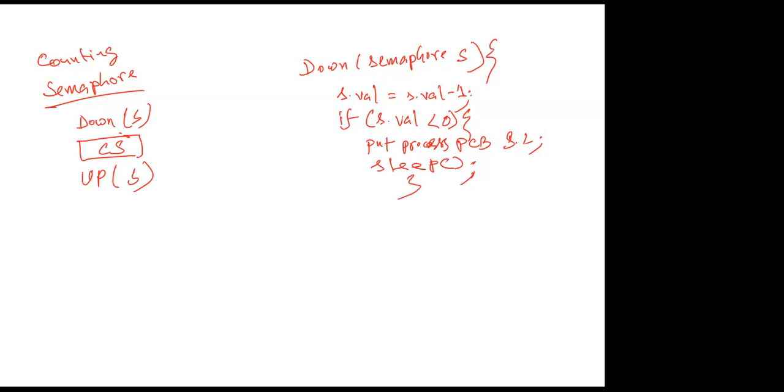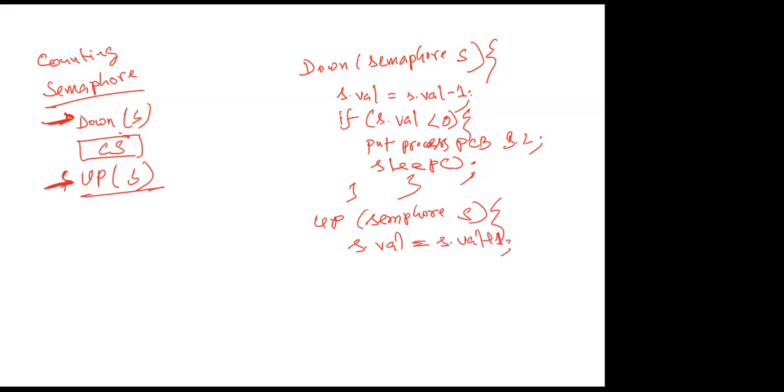Another thing is that the entry level is down and the exit level is the up function. What is the code for this up function? Up also takes the semaphore parameter. It will increment the semaphore value: s.val equals s.val plus 1. It increases this value, meaning that one process has already completed its execution.